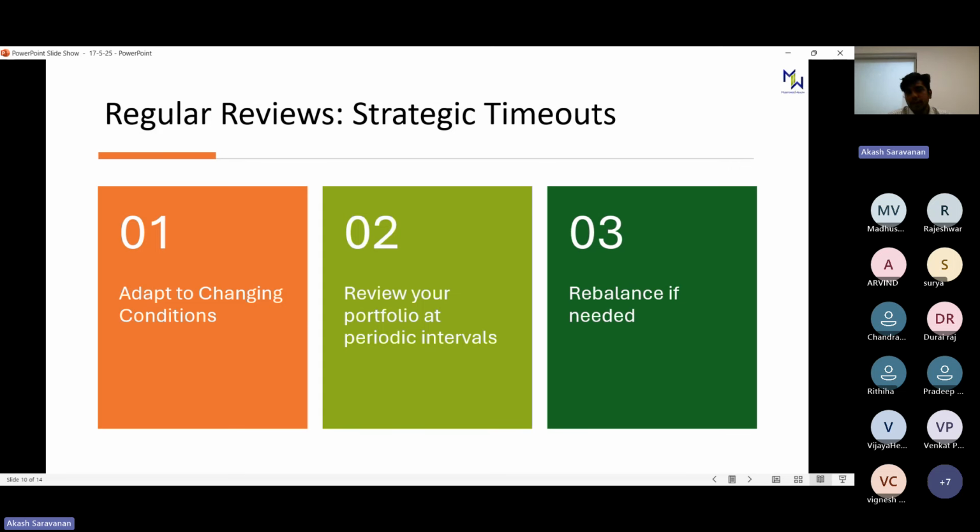Again, around 2022, markets saw corrections because of the Ukraine and Russia war. After that, from 2023 onwards, a superb bull market started, and it lasted almost till September 2024. From then, the market has almost changed.